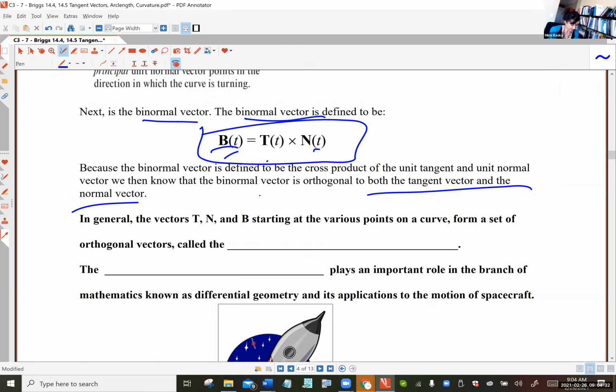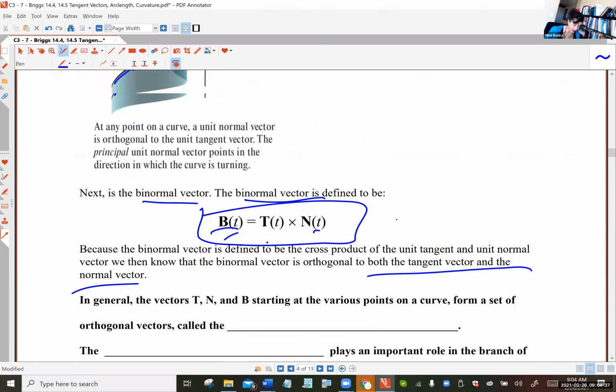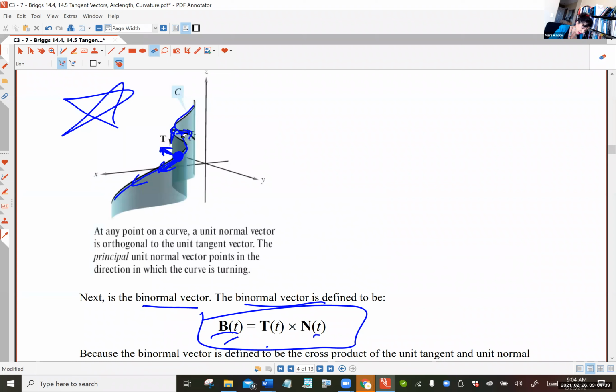And because you can have T, N, and B at various points on a curve, let me just show you here. Let me get rid of all this. So where would big B be pointing?